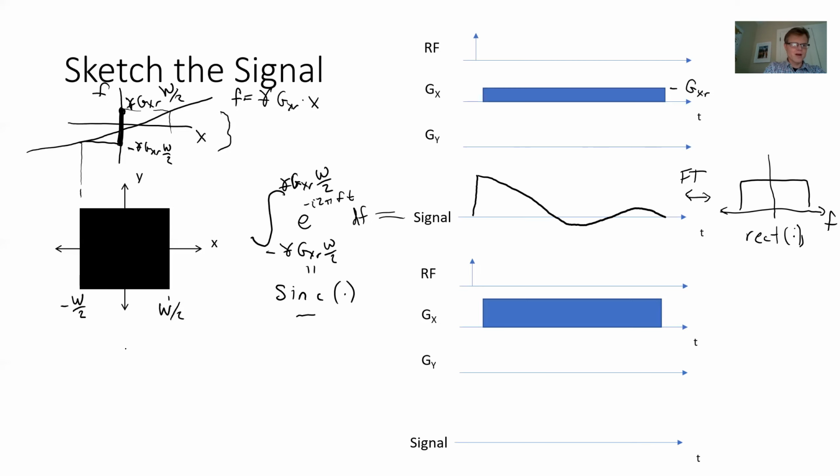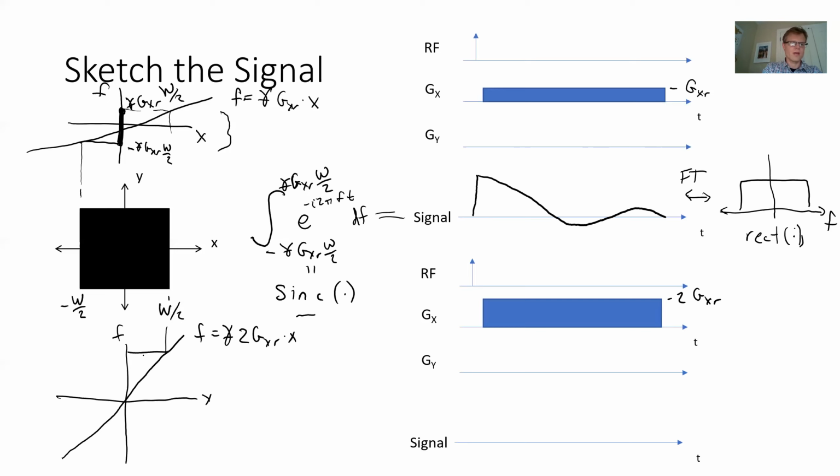And then what happens in the bottom example is a nice illustration of changing gradient amplitudes, where now we have a stronger gradient on, let's say it's twice as strong. So now this line has a higher slope, and the range of frequencies that we're going to get is going to be larger.